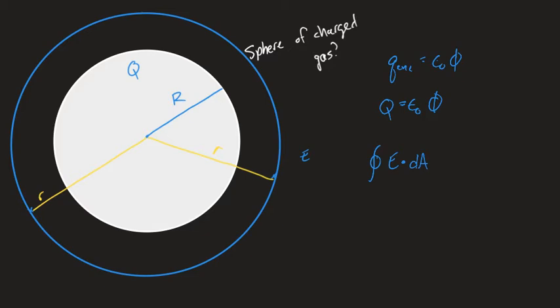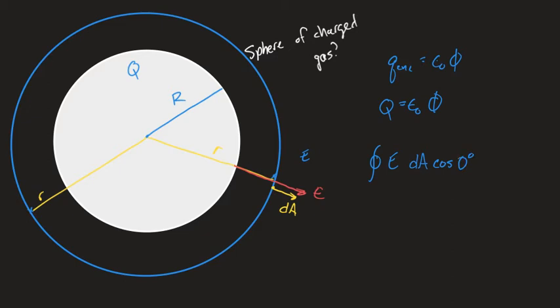Can we agree the electric field has probably got to be going that way through my surface? Can we agree that the area is in the same direction as the electric field? That gets rid of the dot product. Change that to cosine 0 degrees.